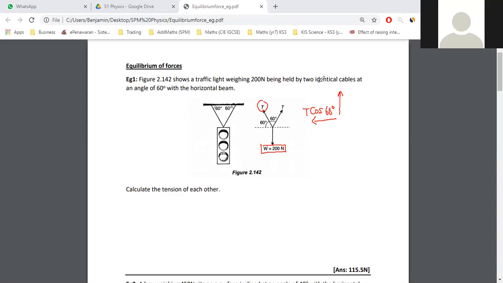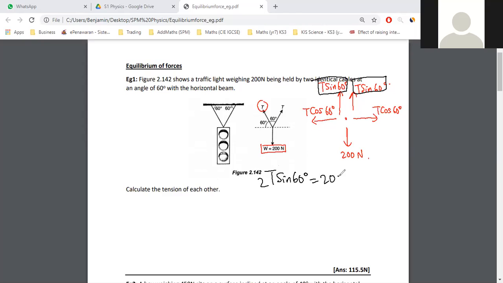So 它的 vertical 是 t sin 60. 同样，这个是 t cos 60，上面是 t sin 60。OK，下面200牛顿。OK，所以你 resolve 完了，全部已经是在 horizontal 跟 vertical，你就可以容易看它 balance 了。所以 t sin 60 加 t sin 60，2t sin 60等于200。t 等于200除2 sin 60，115.47. So that's the answer for this one.